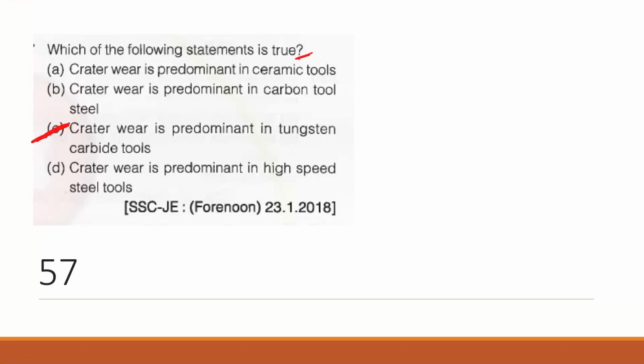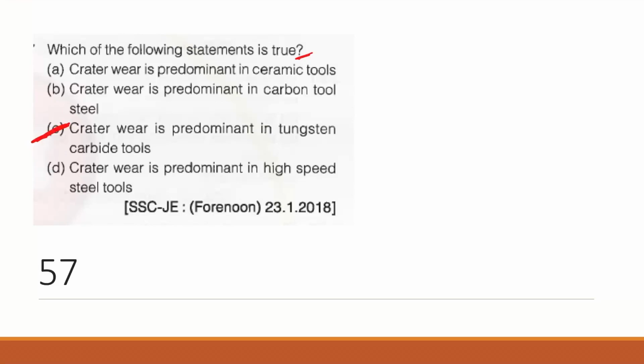Basically, crater wear occurs mainly due to temperature. Carbon tool steel withstands the least temperature, that is 250 degrees Celsius, which is too low for diffusion. High speed steel will withstand 600 degrees Celsius, which is also too low for diffusion.